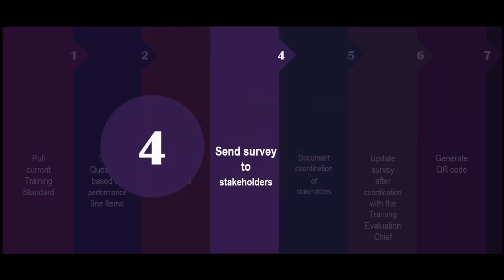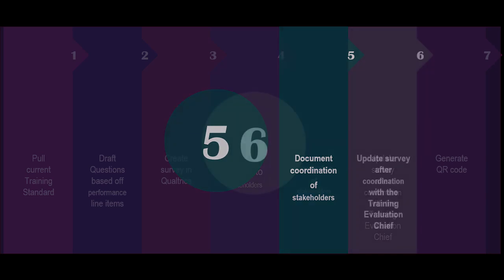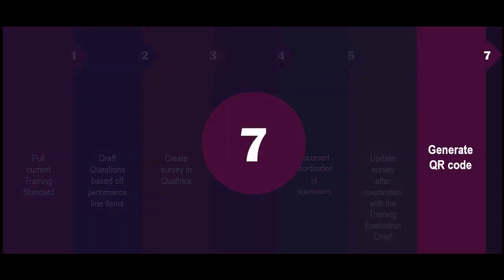Number 4, send the survey to stakeholders who are required to coordinate per AETCI 36-2651. Number 5, document coordination with the stakeholders. 6, update the survey based on feedback after you've coordinated with the training evaluation chief. 7, generate the QR code. Let's dive into each step a little more.